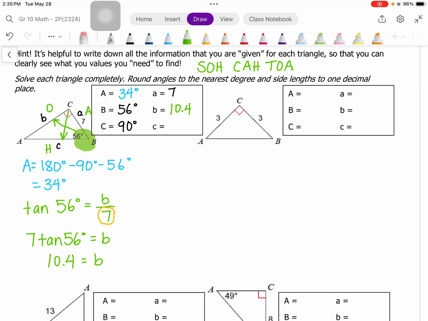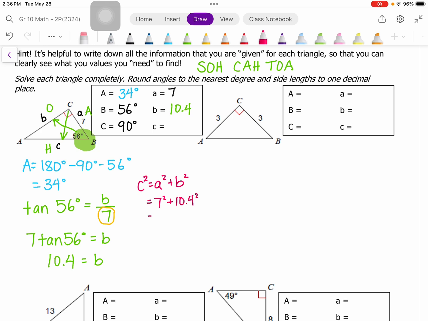Now to find side length c, we could at this point also use a primary trig ratio, or we can just use the Pythagorean theorem to solve. So c squared is equal to a squared plus b squared. So a is 7 and b is 10.4.